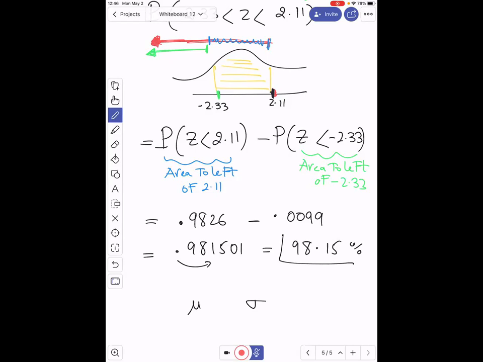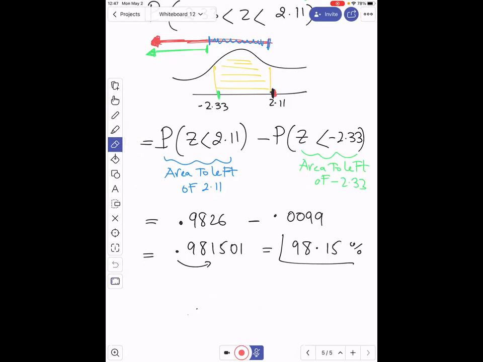So for a normal distribution, mu is given, sigma is given, and the problem is like find the probability that something is less, more, or between. That's the standard problem we have in this section 7.3, right?